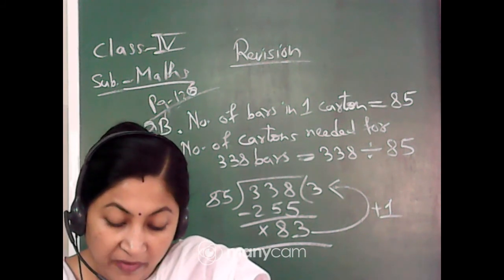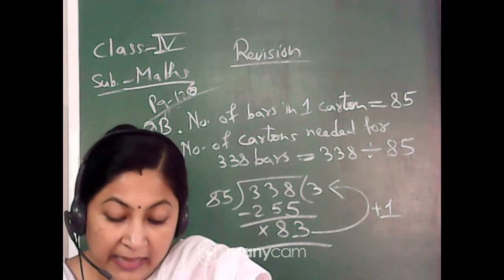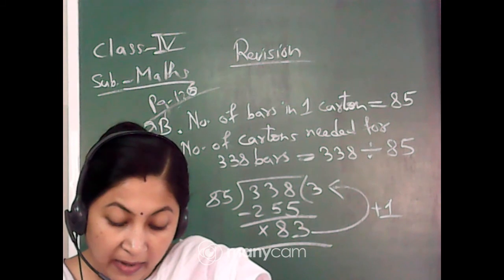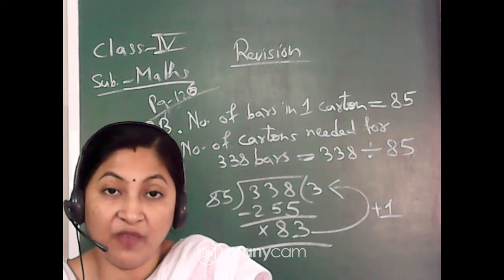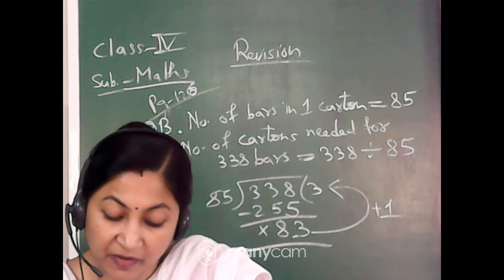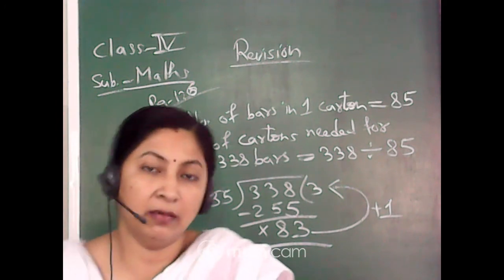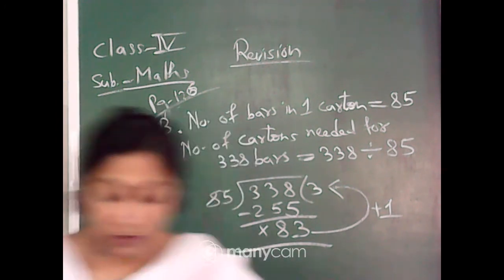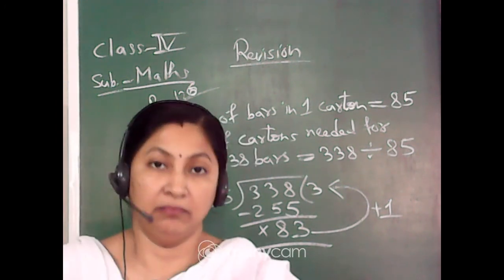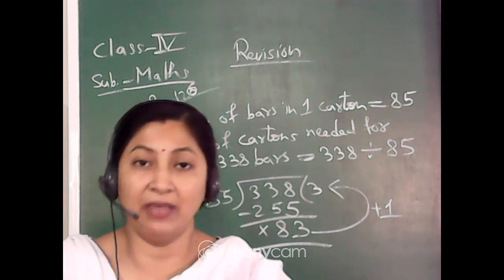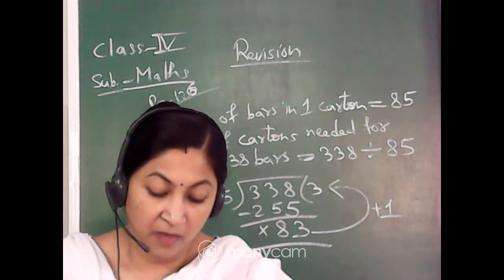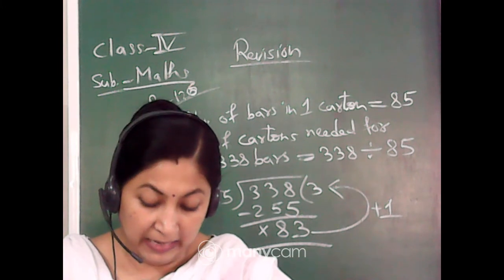Then it is asked how much does an inland letter cost. The cost is given as rupees 2.50, that means 2 rupees and 50 paise. So kindly memorize the cost that is given here for the postcard and for the inland letters.